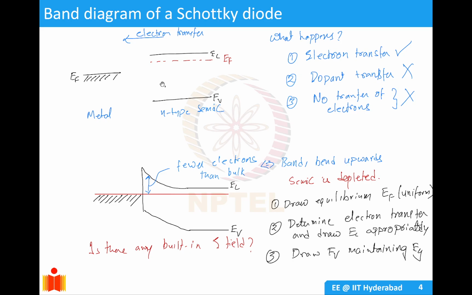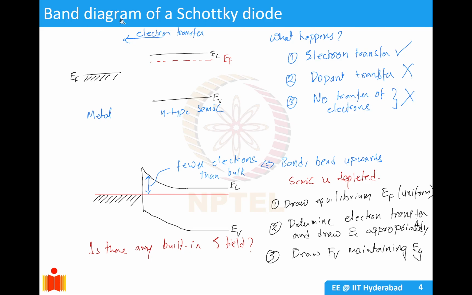So what happens when you bring close an n-type semiconductor and a metal where the Fermi level of the metal is below the Fermi level of the semiconductor? In this case, we are considering the vacuum level to be the same in both cases.